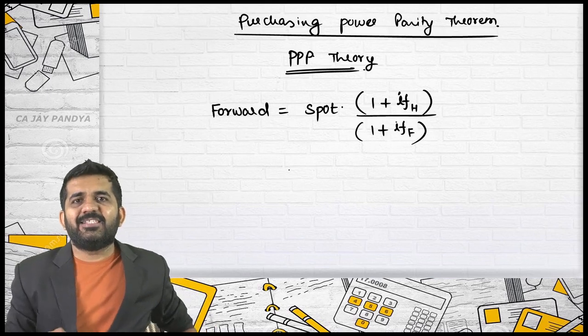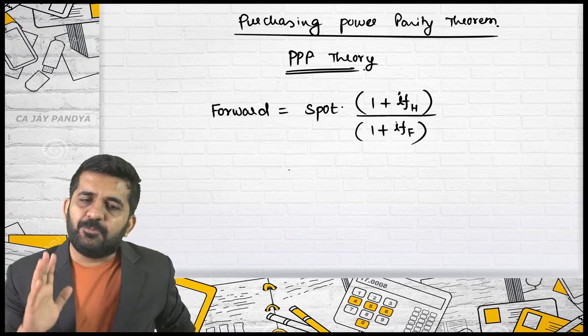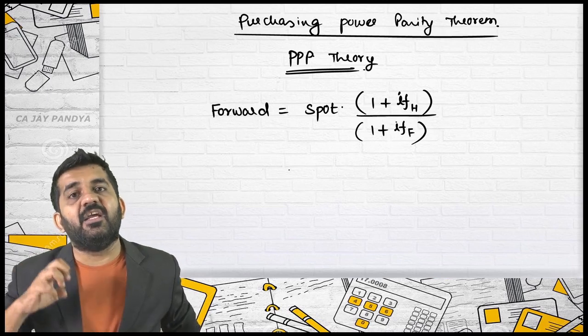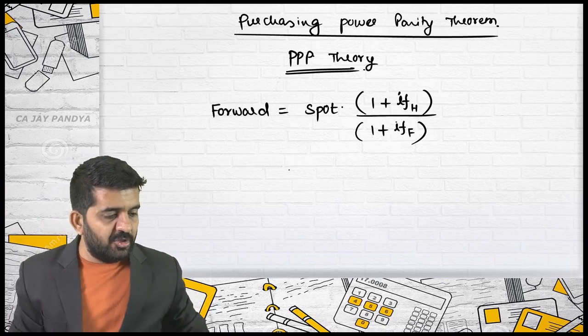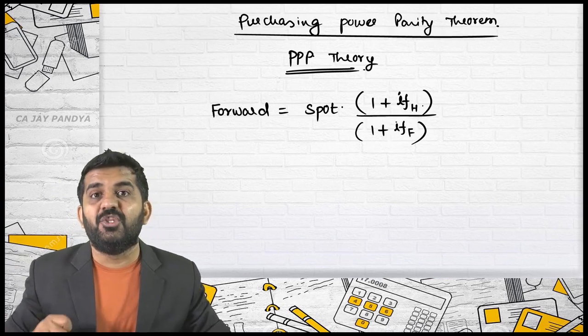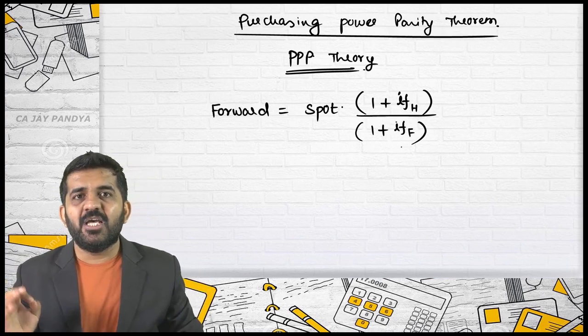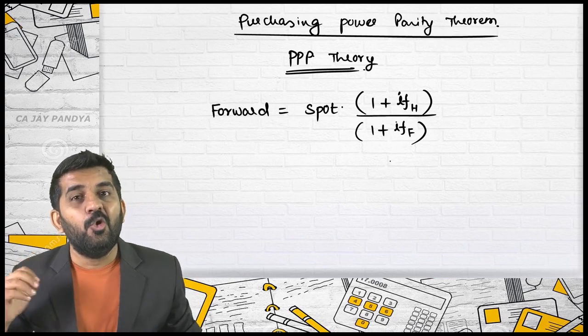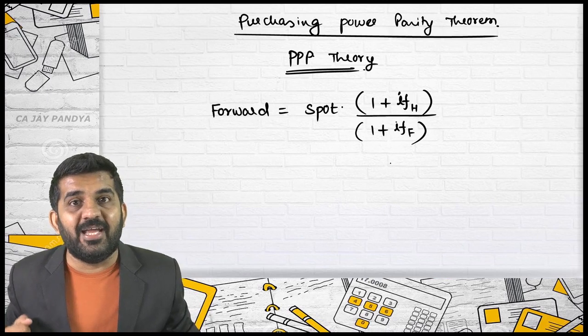Sir, this is exactly the interest rate parity theorem. Absolutely right. Just the interest concept is replaced by the inflation concept. Now you will understand why home should be in the numerator. Because the higher the inflation rate, the more the currency will be at a discount.